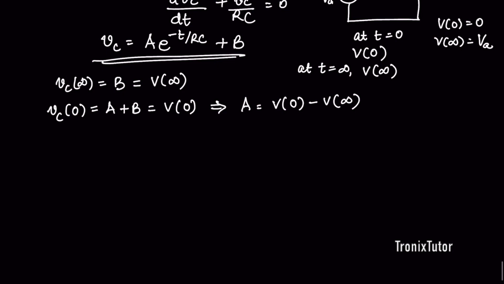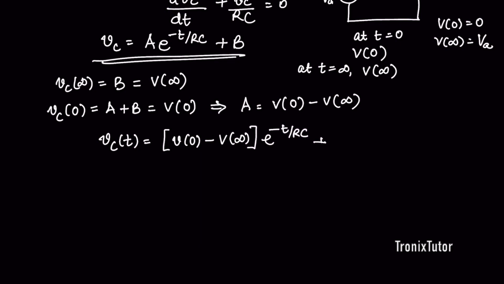And therefore, I can write the generic charge up condition as V of 0 minus V of infinity e power minus t by RC plus V of infinity, right? So this is the eventual value that your capacitor is trying to charge up to, and this is the gap between this value and what you're eventually getting there to.